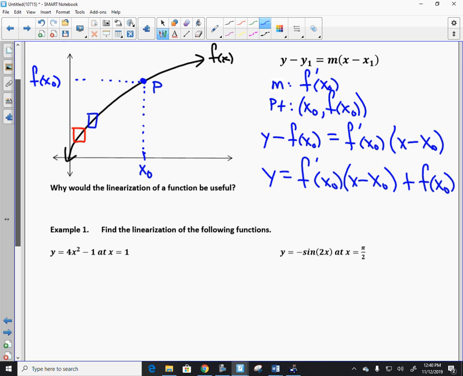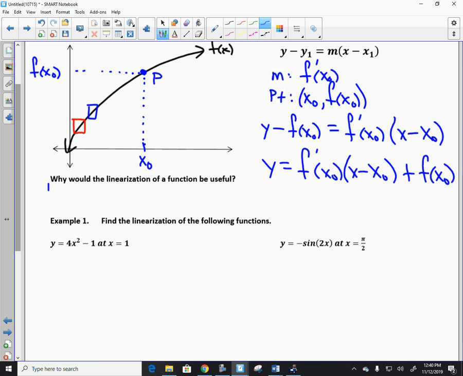Why is this helpful? Why is it useful? It helps us evaluate difficult functions in small spaces.